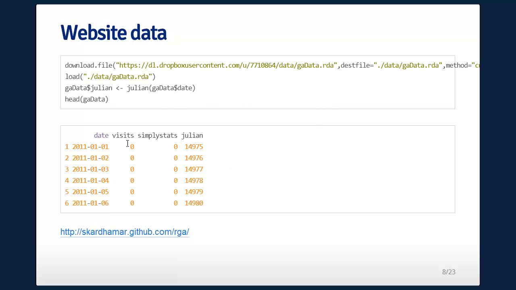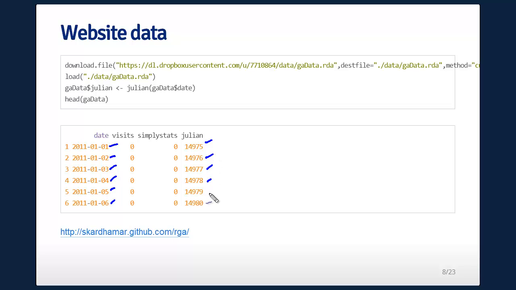And so here are the outcomes. It looks like he's not getting very many visits on these days. Let's double check: we can see that the measurement is every day, and here are the Julian dates.